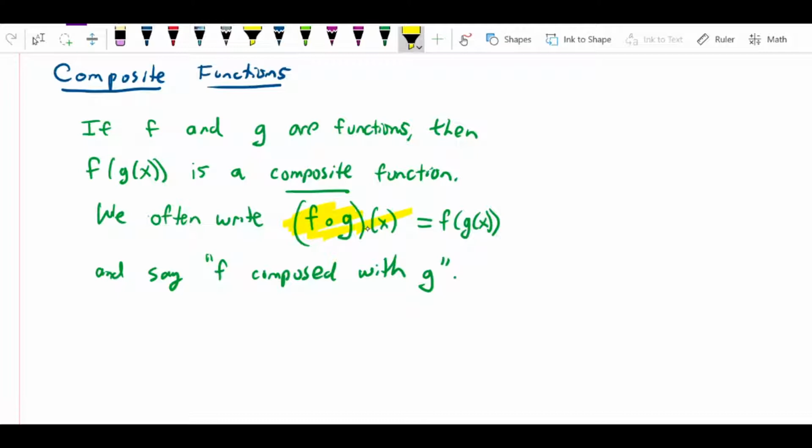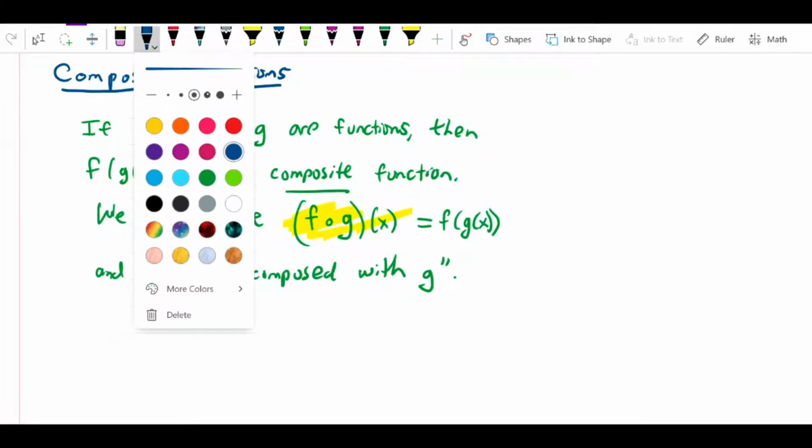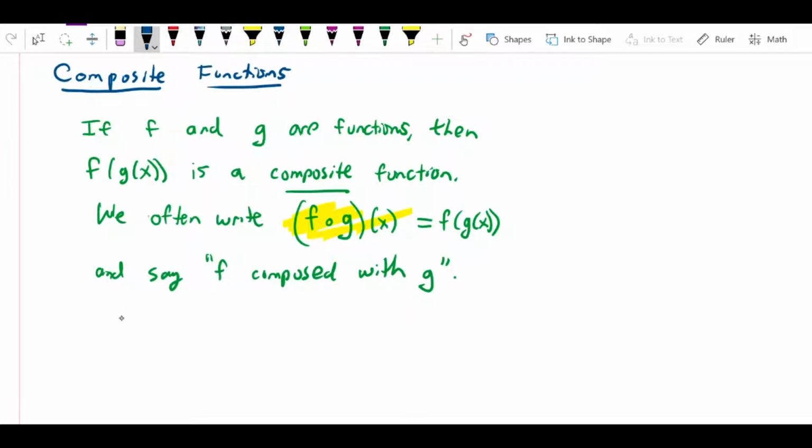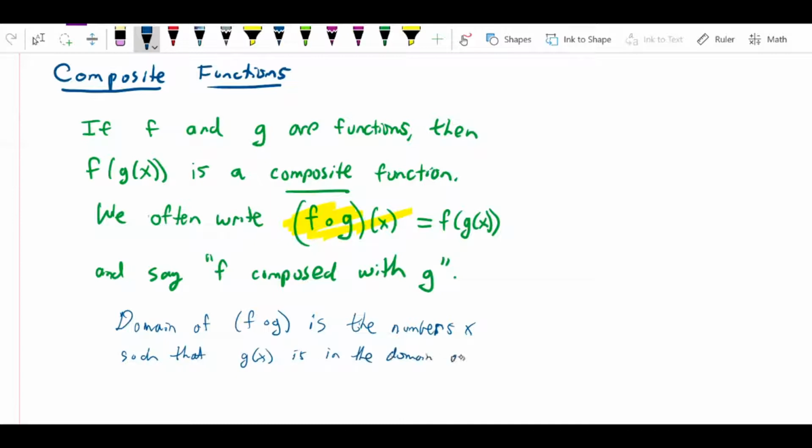It's also important to note that the domain of the function f composed with g is the set of numbers x such that g of x is in the domain of f.